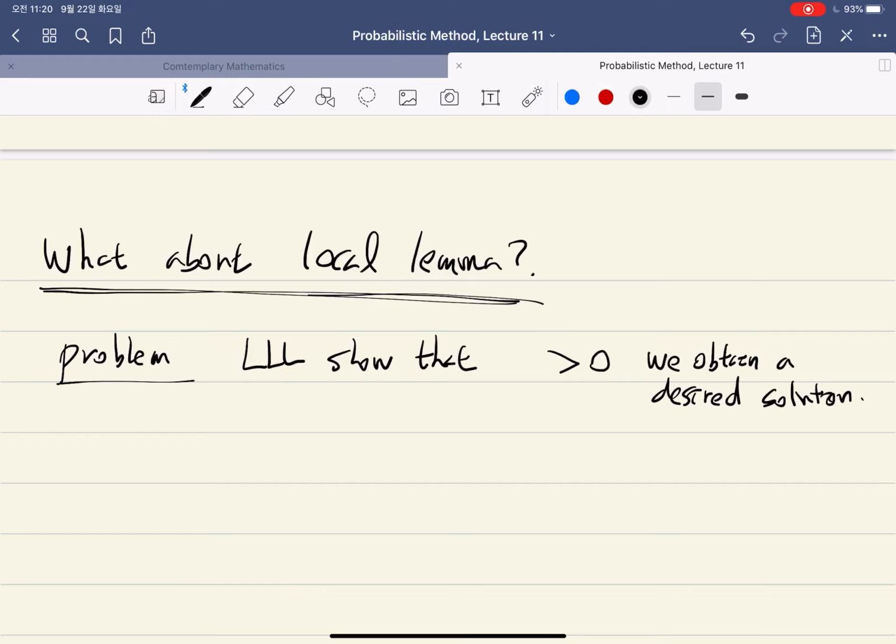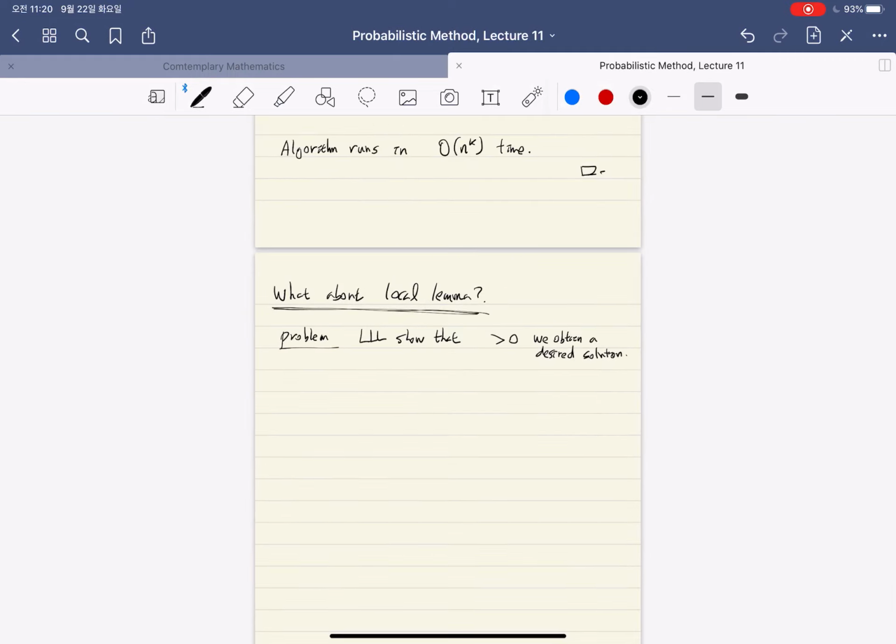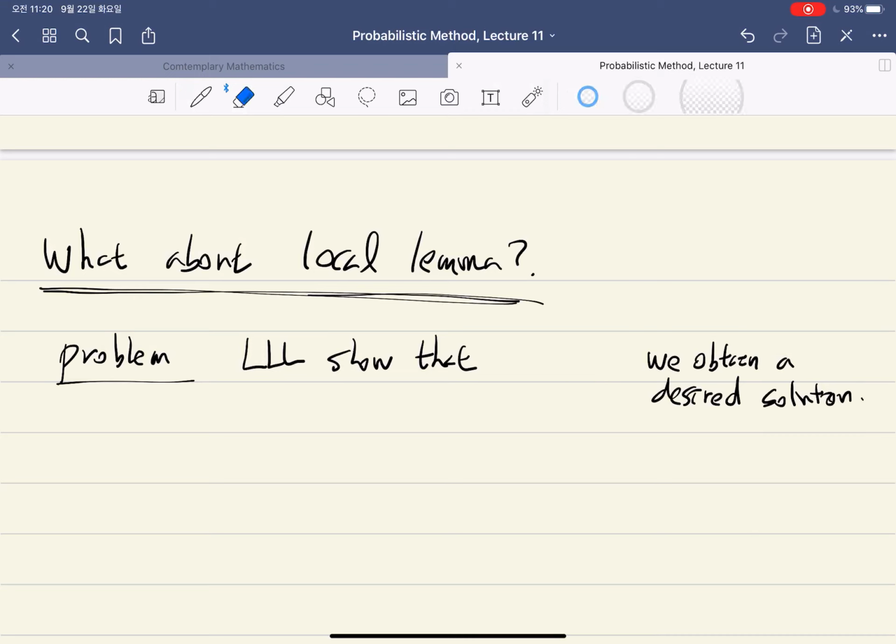But oftentimes this positive number is actually very small. Let's say a problem of size n, and here the probability that you actually get what you want might be exponentially small. Probability e to the minus n. Let's write it this way.